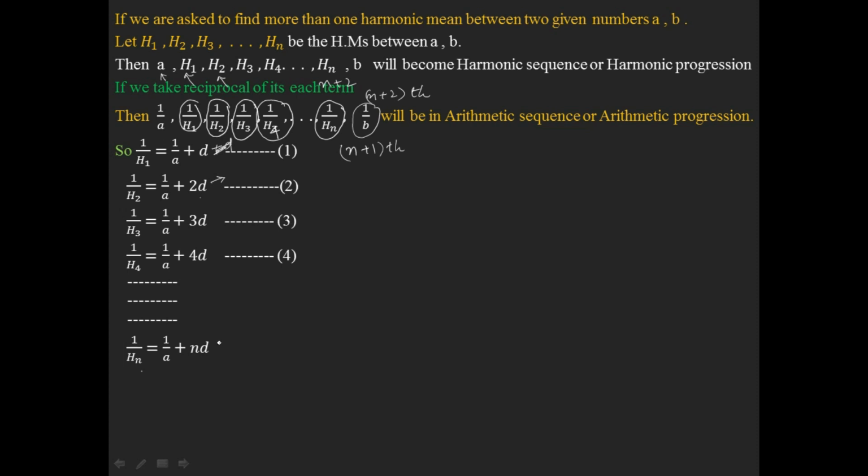And 1 over b will be equal to, one more d is added to 1 over hn to get the next term, 1 over b. So 1 over b is equal to 1 over a plus (n plus 1)d.